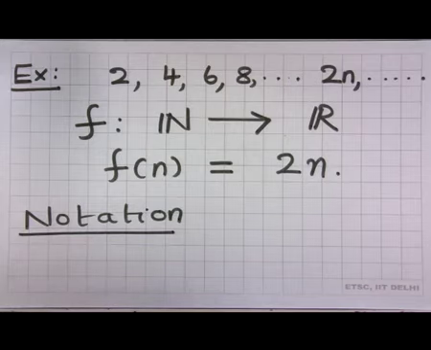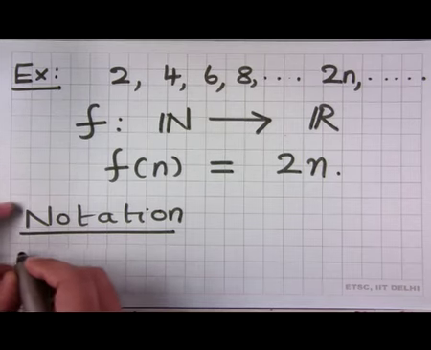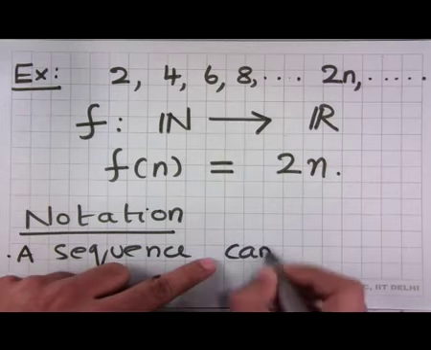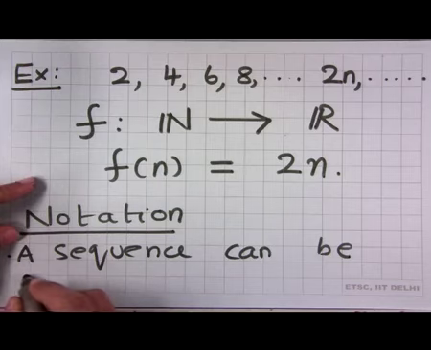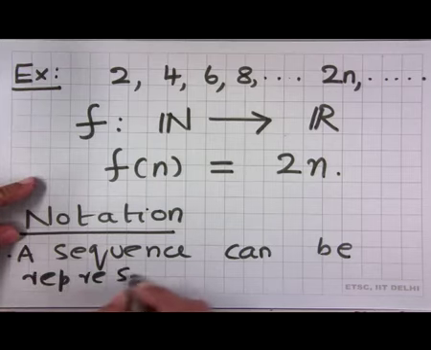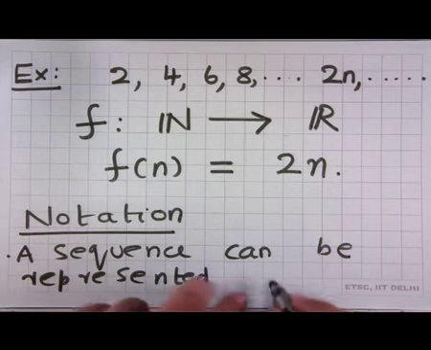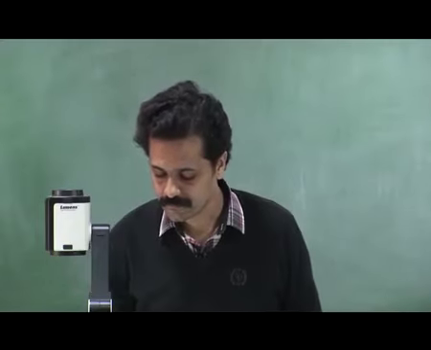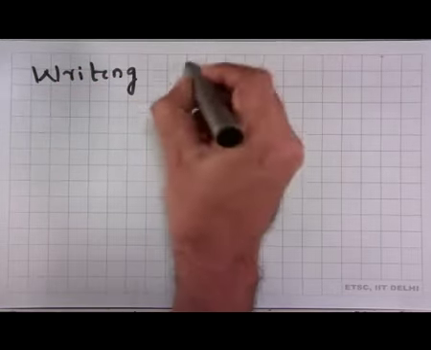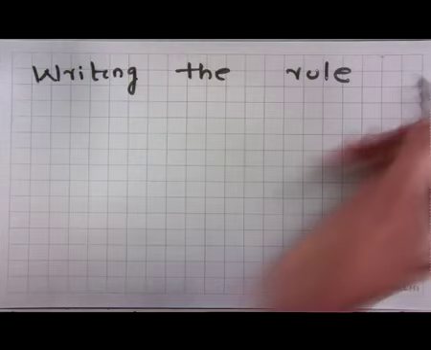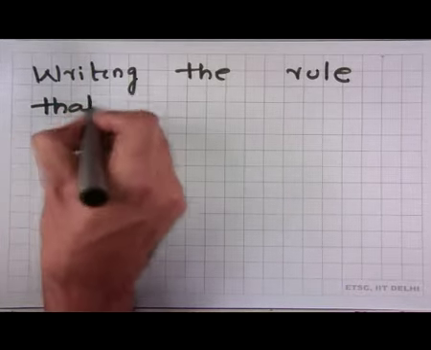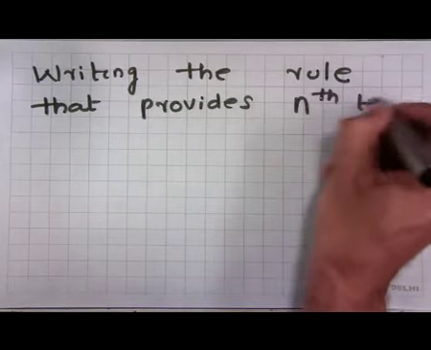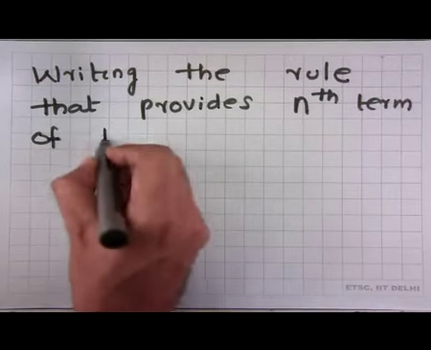A sequence AN can be represented or described by writing the rule that provides nth term, a general term of the sequence.